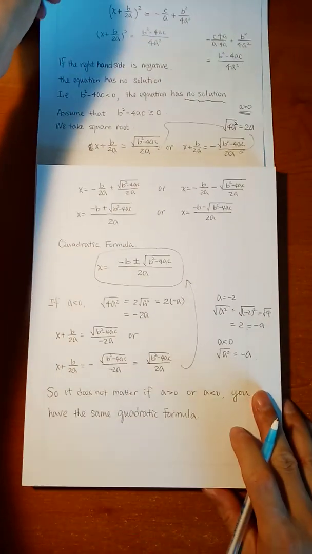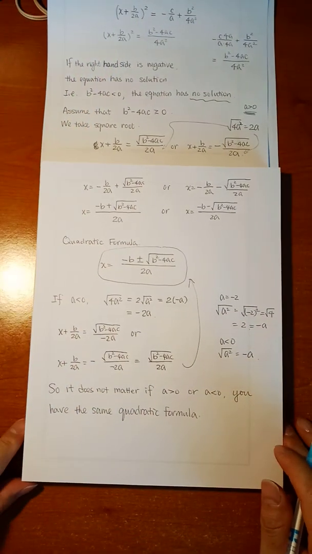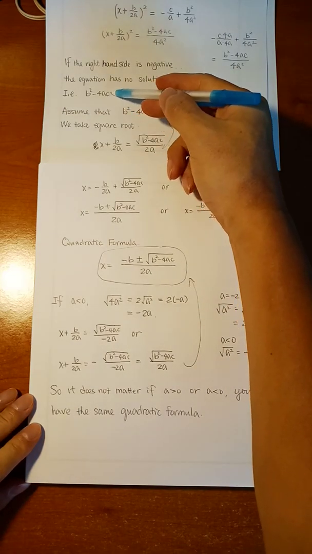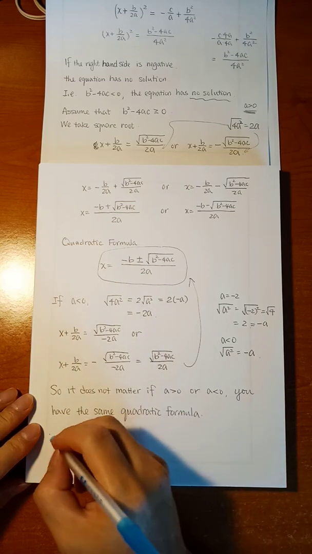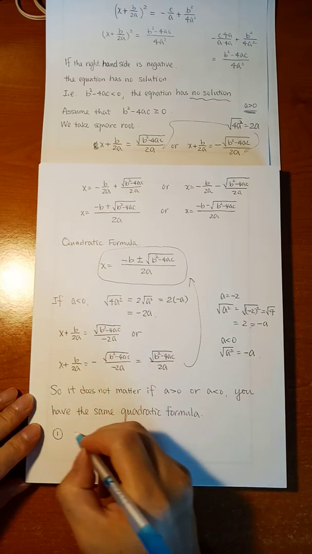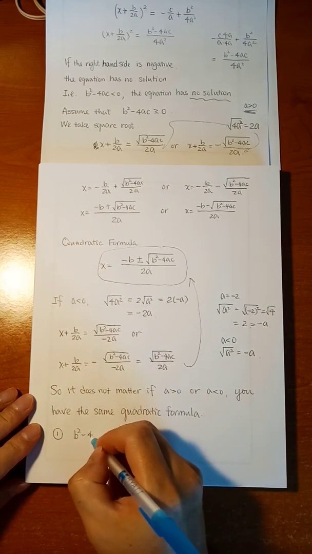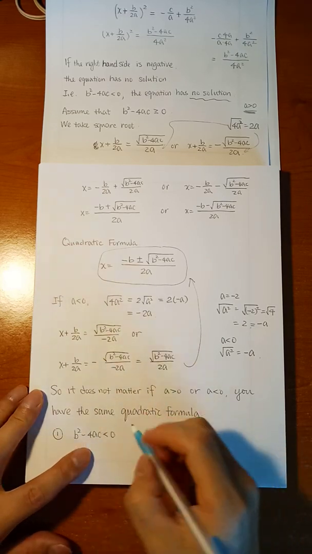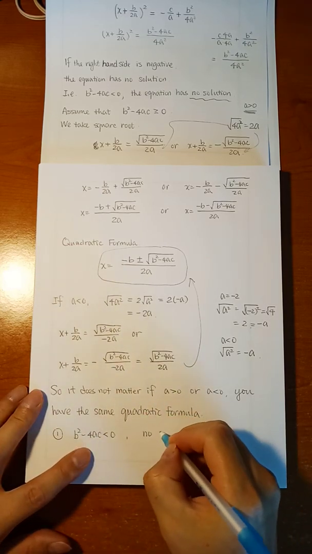Okay, now let's continue the discussion of this quadratic formula. Remember here, b squared minus 4ac. So we are going to have several cases. When this quantity is less than 0, no solution.